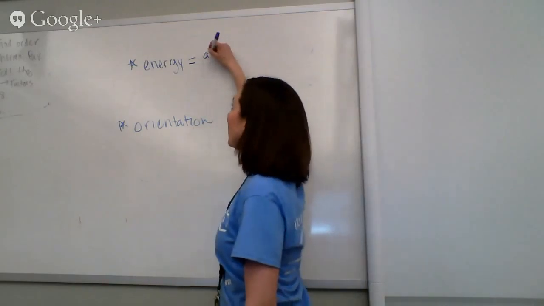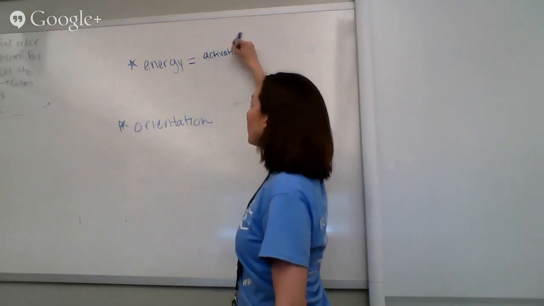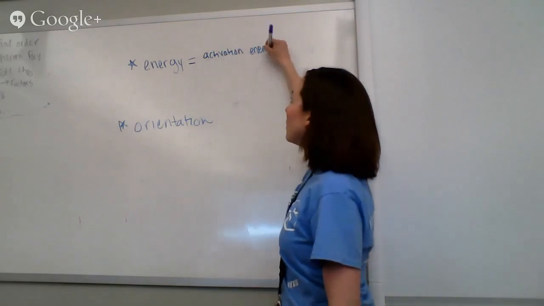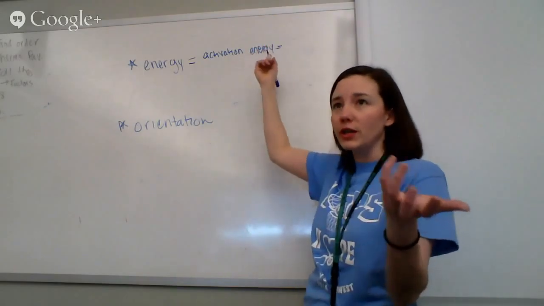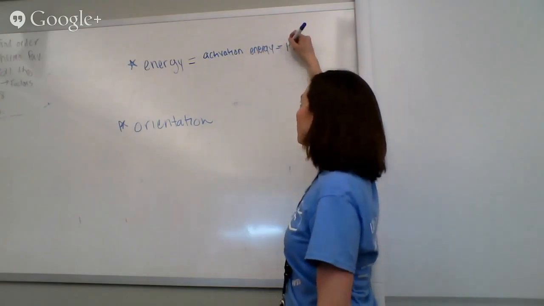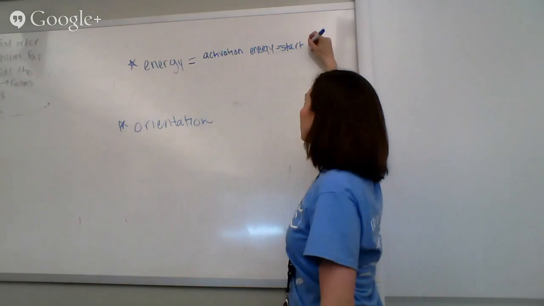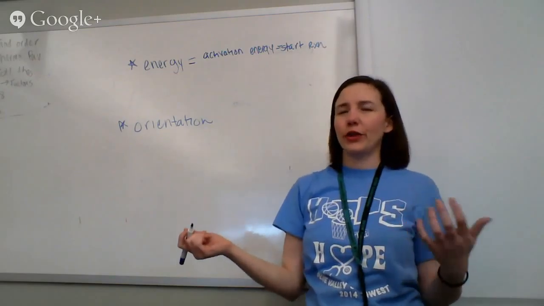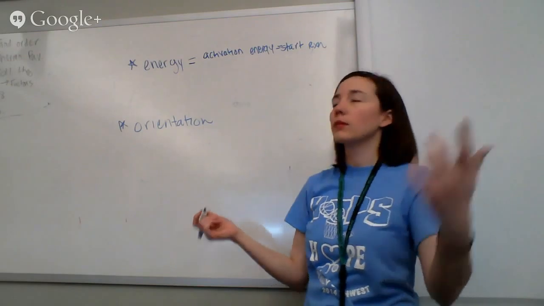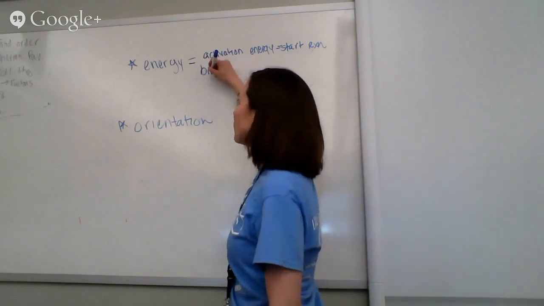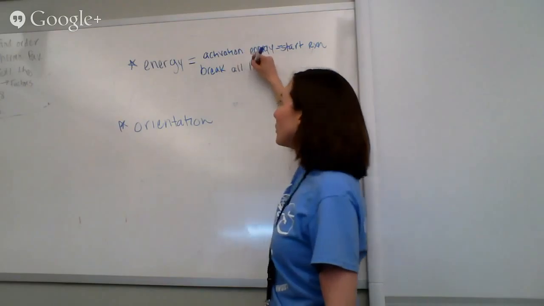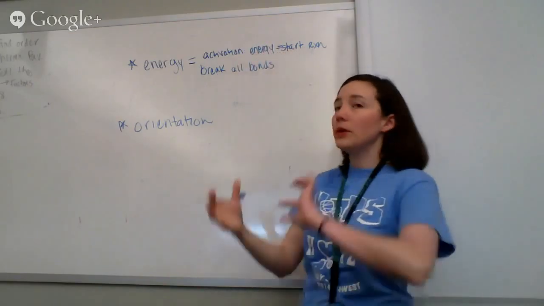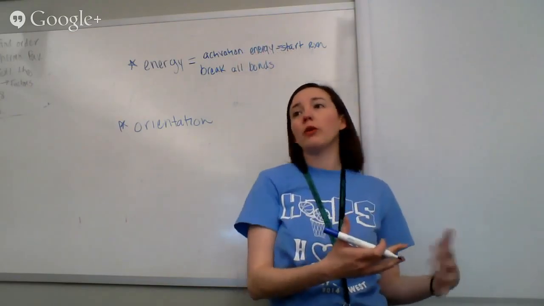Okay, fantastic. Activation energy. And if you remember, our activation energy is basically the energy needed for your reaction to run. And why does it use that energy? Or where does that energy go? Okay, excellent. Because remember, you have to break all of your bonds before they're able to reform with new bonds.